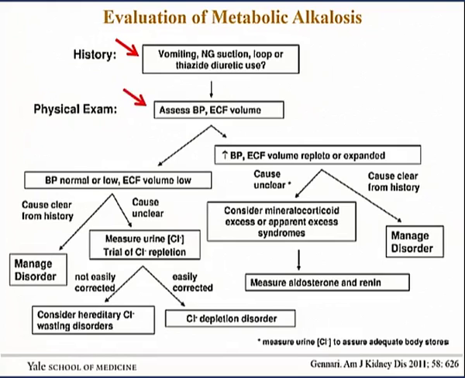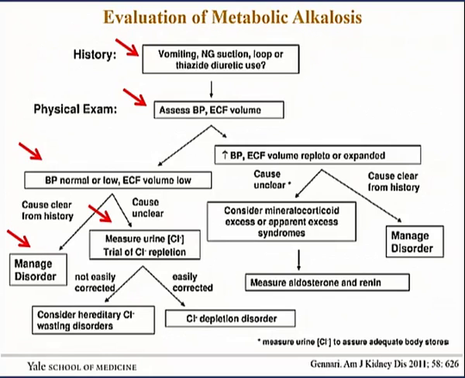In the physical exam, knowing what the extracellular fluid volume status is very important. And then if you see here that the patient has a low extracellular fluid volume, then sometimes you have a clear cause from that. The patient has nausea, vomiting, if you can treat that, you resolve the problem. If the cause is unclear, so there's no apparent cause, then measuring the urine chloride is valuable.